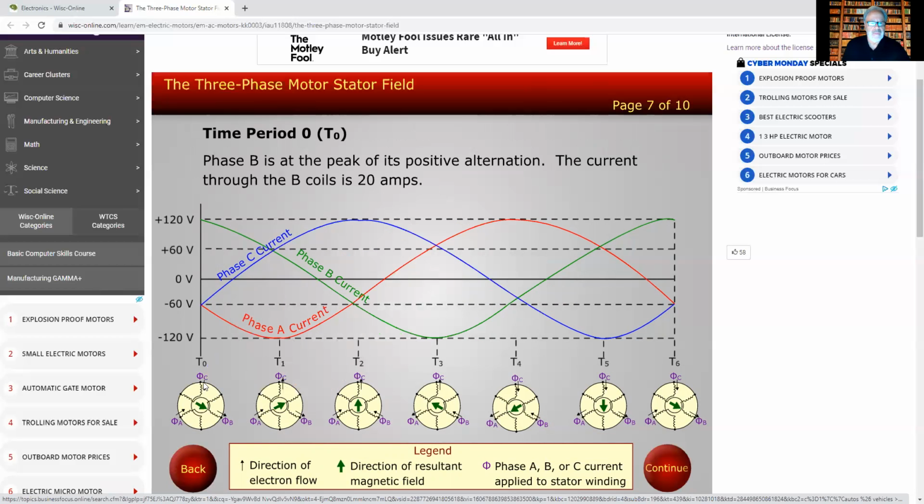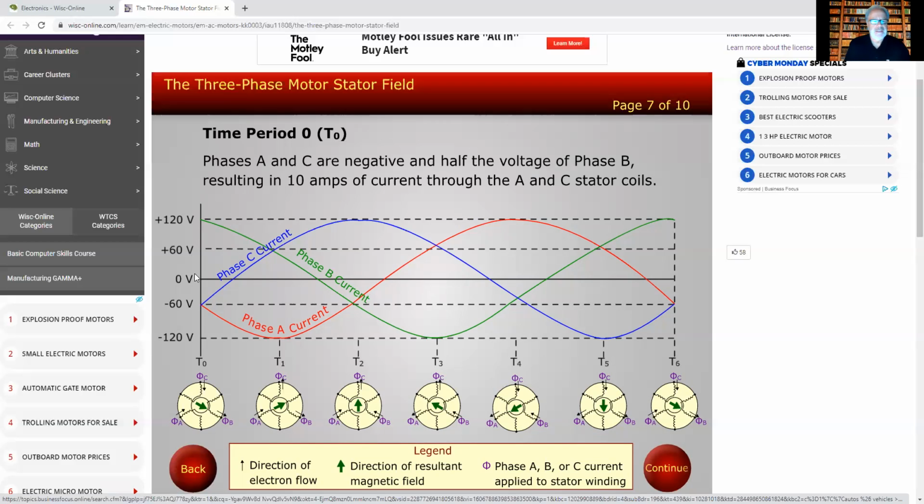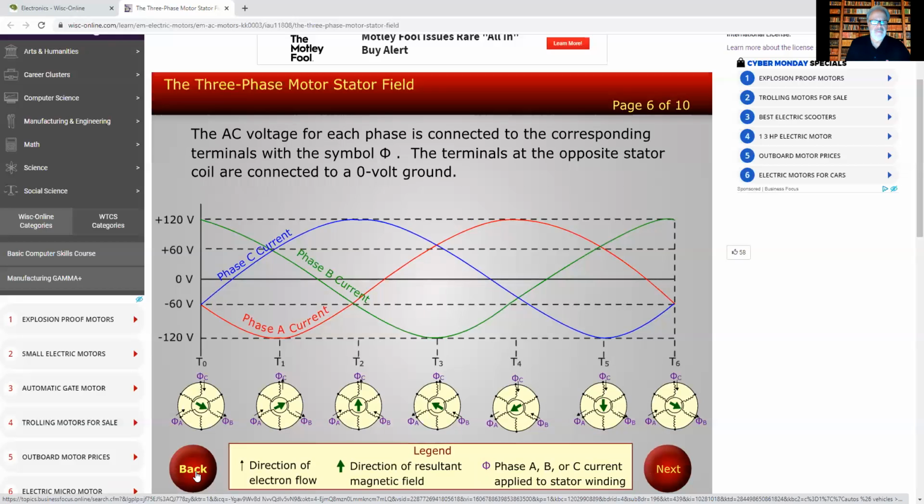Phase B is at its peak at the positive of its alternation, so that's right here. The current through the B coils is 20 amps. Phases A and C are negative at half the voltage of phase B, resulting in 10 amps of current through the A and C stator coils. This is shown here.